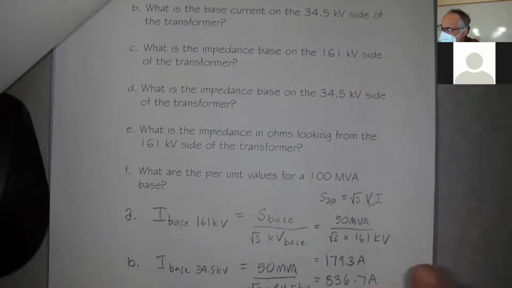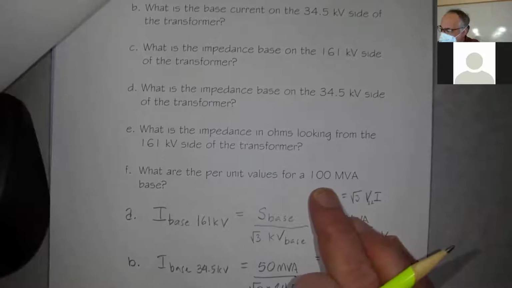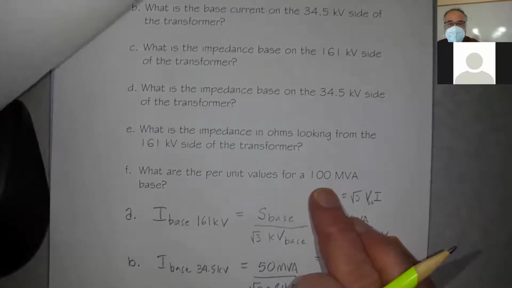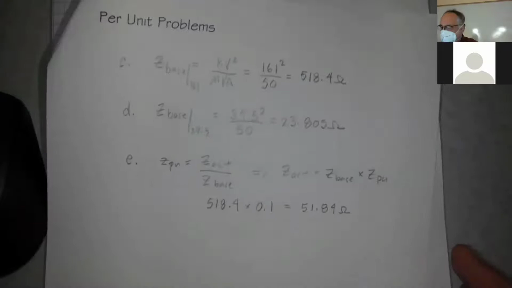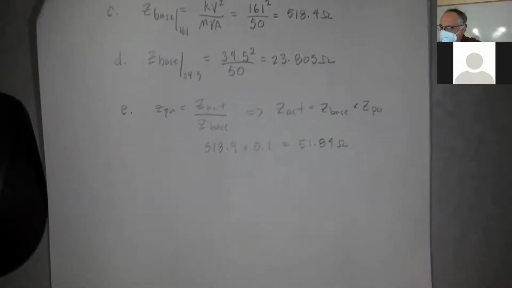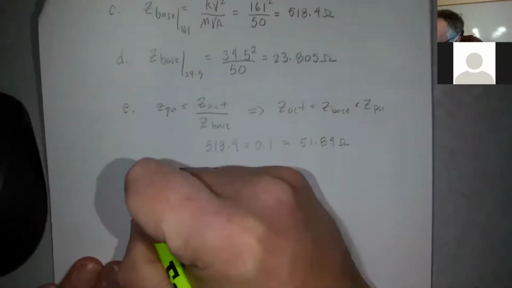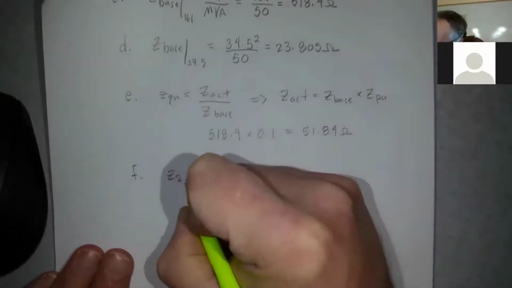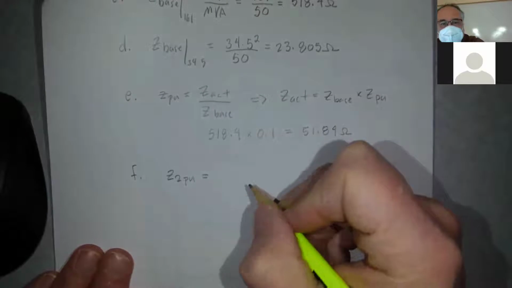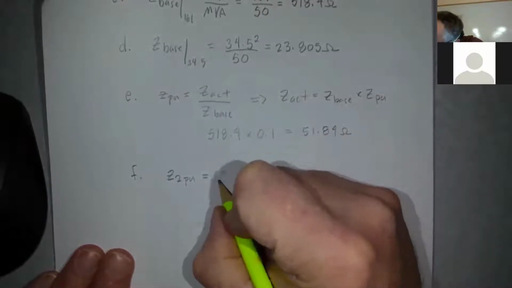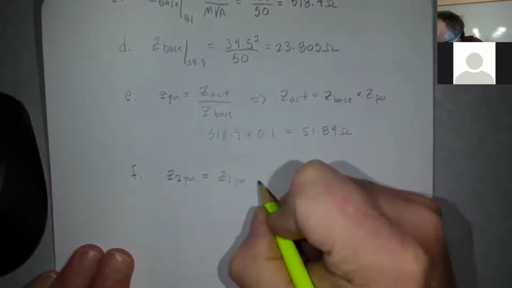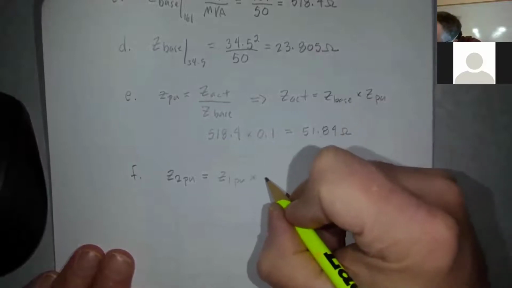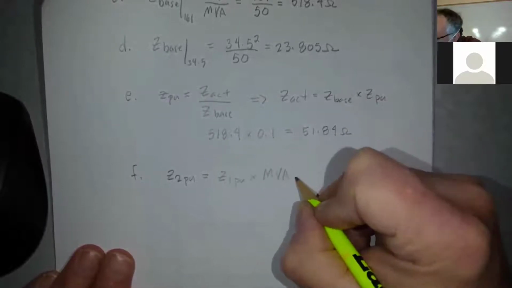What are the per unit values for 100 MVA base? So we need to change our base. Okay. So Z2 per unit equals Z1 per unit times the ratio of MVA.